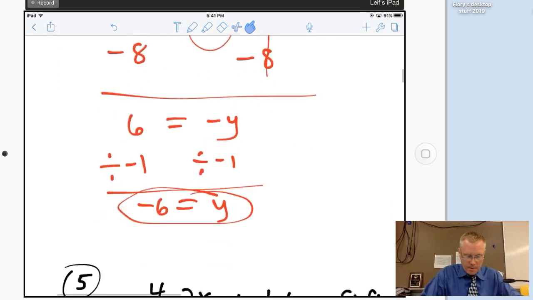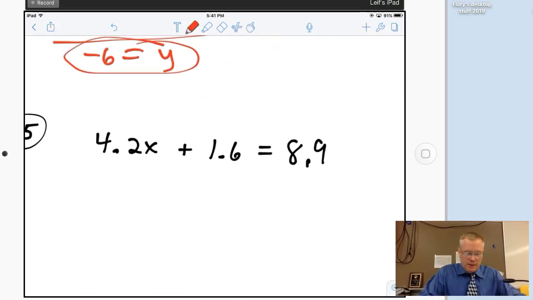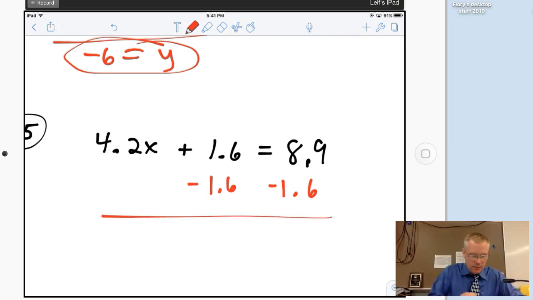Okay. Number 5, a decimal one. So there's a couple ways you could do this. I could either do it straight out with 1.6, subtract 1.6 from both sides. 8.9 minus 1.6 is 7.3 equals 4.2x.